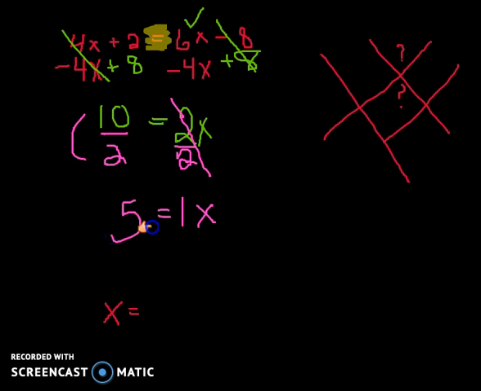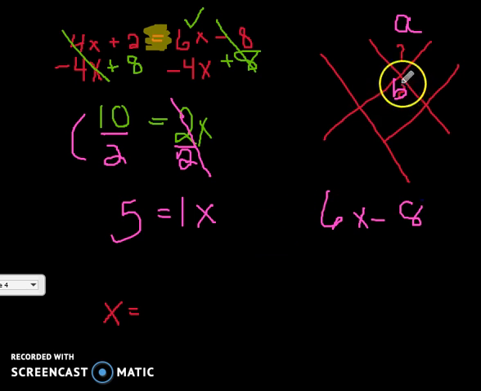Now be careful. In these equations, they're going to have you solve for x, but then substitute in for x what x equals to find one of the measures. So if this was angle A and this was angle B, and they said find the measure of angle B, and angle B equaled 6x minus 8, I will know what B is when I substitute 5 in for x.